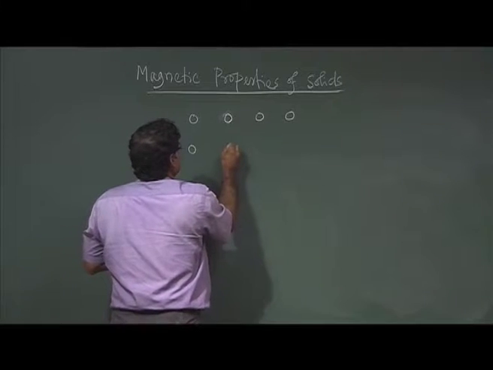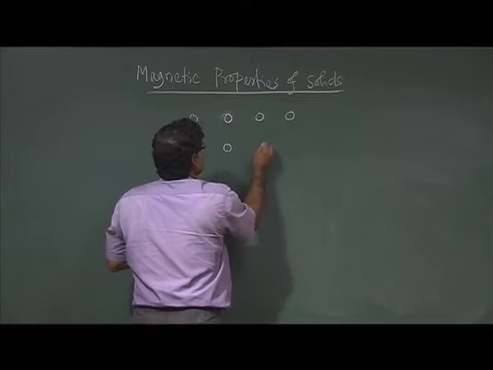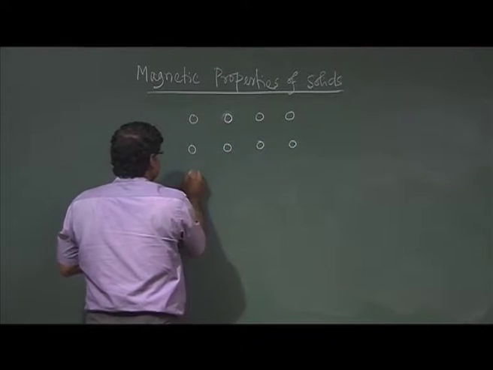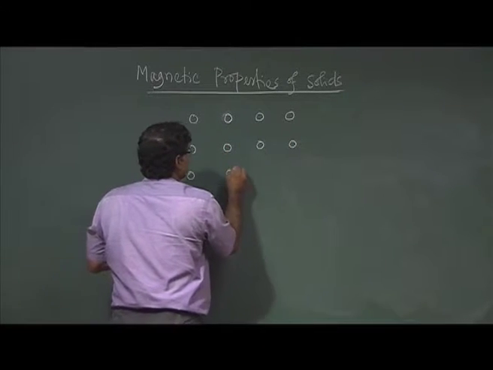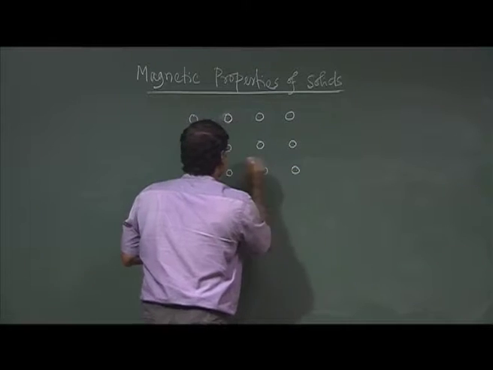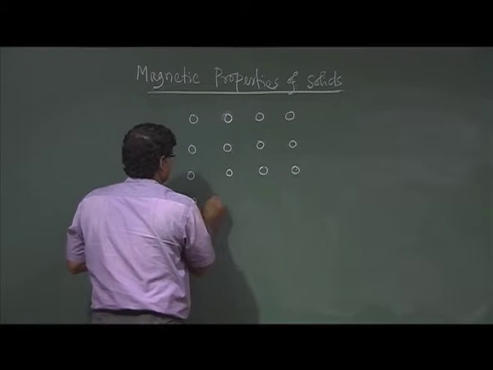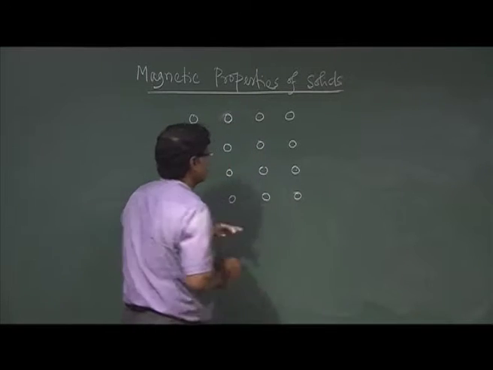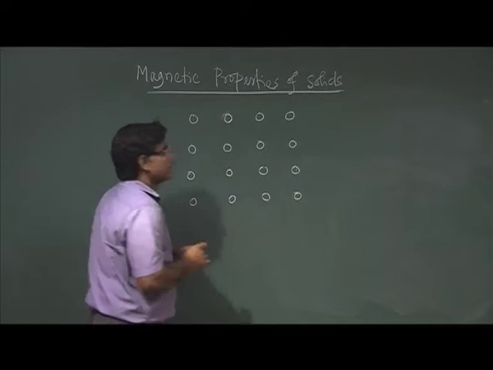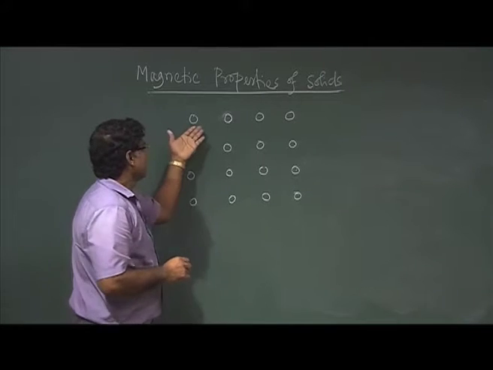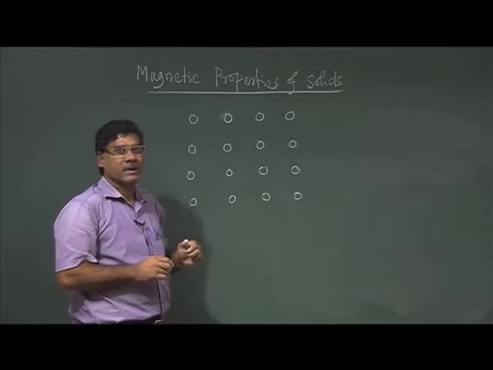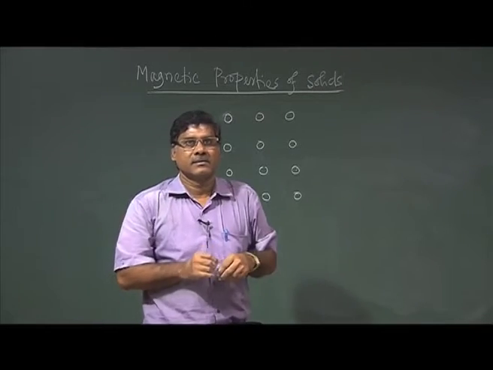Okay. Atoms are associated with the lattice points, as we have seen from the crystal structure, right. Now, say these are all atoms arranged in the material.